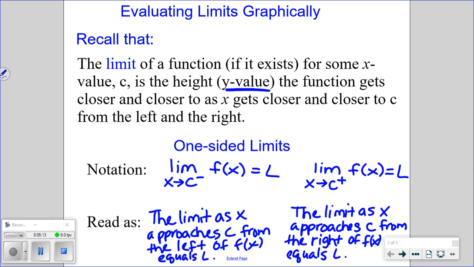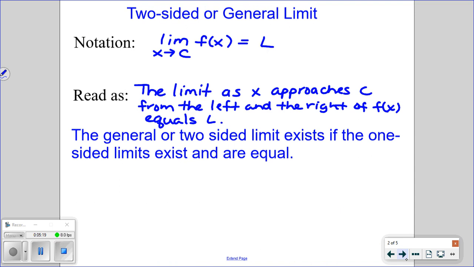Okay, we're just using L in place of an actual number that you will find when you evaluate the limit from the graph.